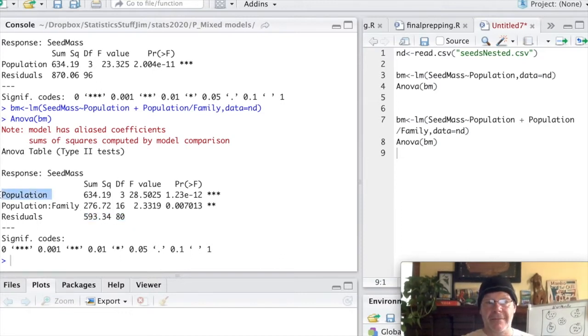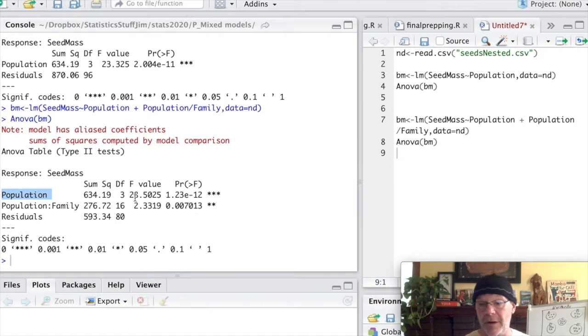Indeed, we have 4 populations, so we have 3 degrees of freedom across populations, and then family nested within population, we have 16 degrees of freedom. That's because we started out with a total of 20 families, and we had 4 different populations, so there are 4 different means that we calculated, right? So it's the total number of degrees of freedom at that level minus the number of parameters estimated. We estimated 4 means, and so we have 16 degrees of freedom there, and then we have the residuals.